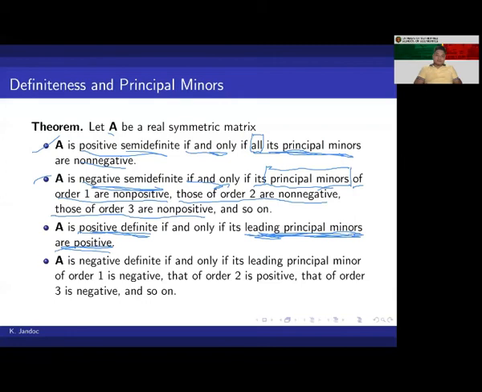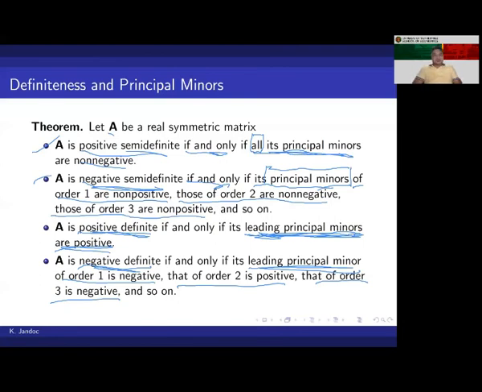And it's negative definite if and only if the leading principal minor of order 1 is negative, order 2 is positive. So it switches sign when you go from order 1 to order 2. And then order 3 is negative, so it switches sign again, and so on.